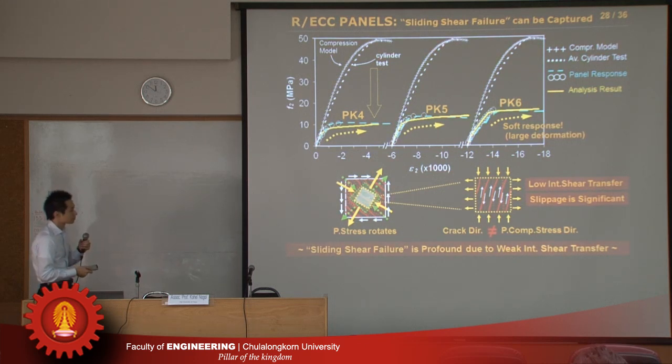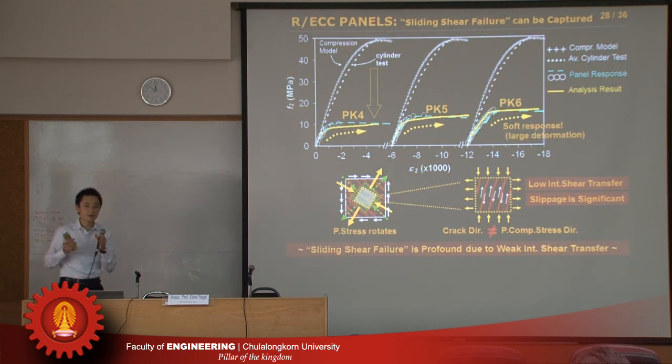So as a result, when we measure following the initial principal stress direction in compression, a very big reduction of the compressive strength is observed when we just follow the first principal stress direction in compression. So it should follow that experimental result or model.